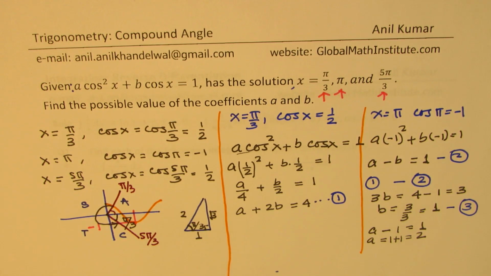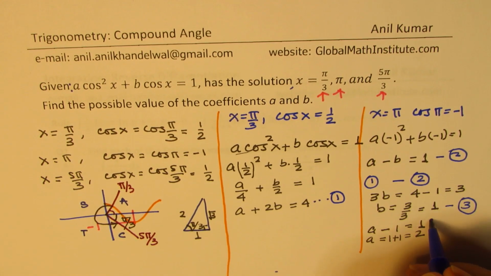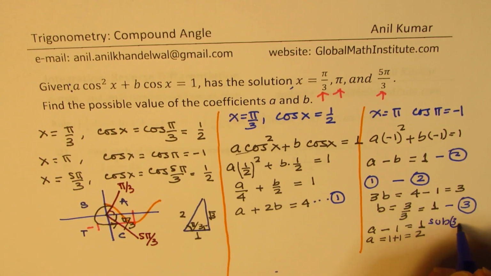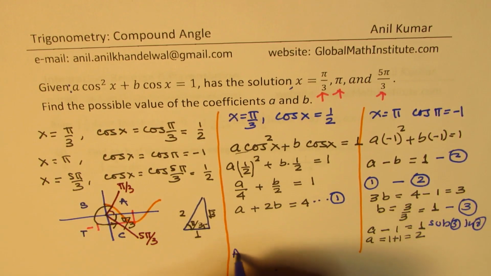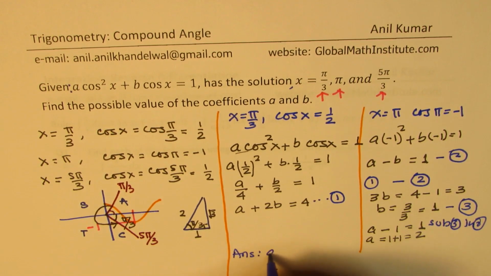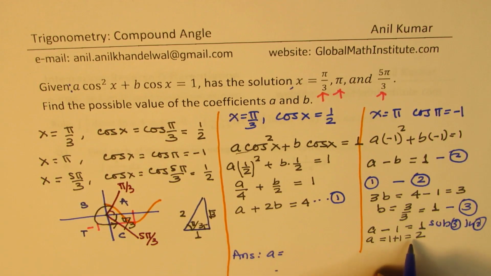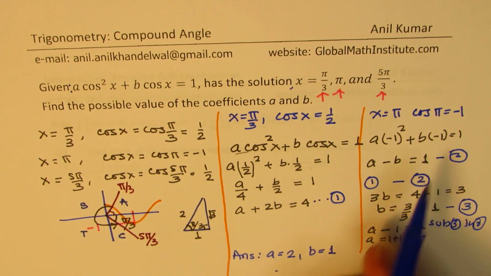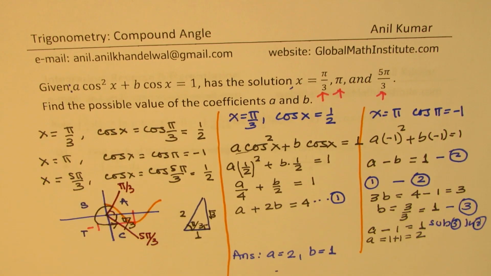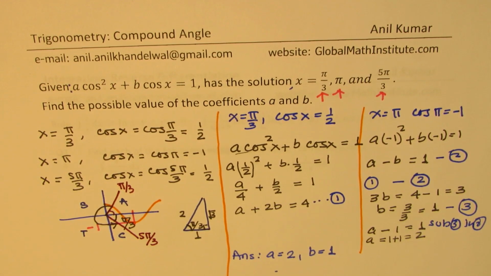So we will just substitute 3 in 2 to get our answer, and so our answer is that a is equal to 2 and b is equal to 1, correct? So that makes sense. 2 minus 1 is 1, and we'll get our answer. Does it make sense to you? Correct? So I think this is probably the easiest way of solving this particular question.